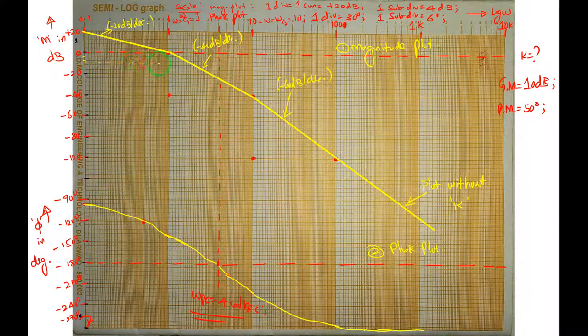Not reference line. Gain margin is 10 dB. Let me draw it here. This is 10. 0 minus 10.